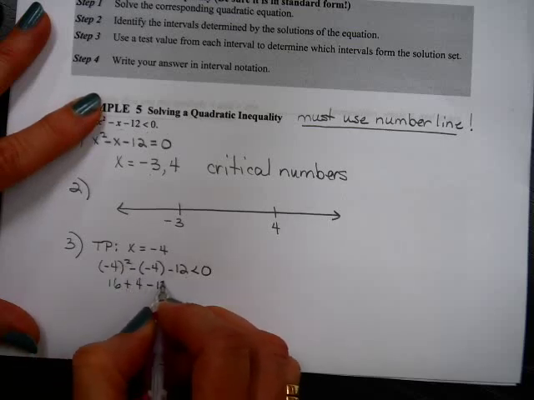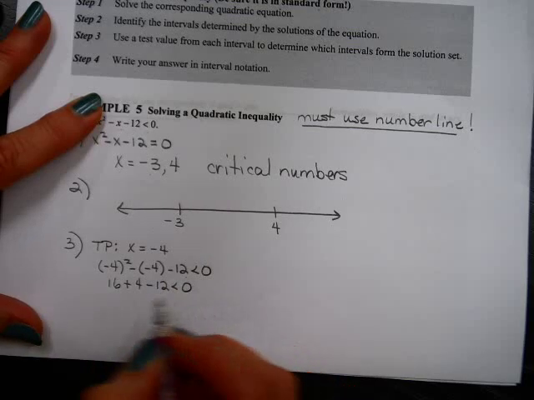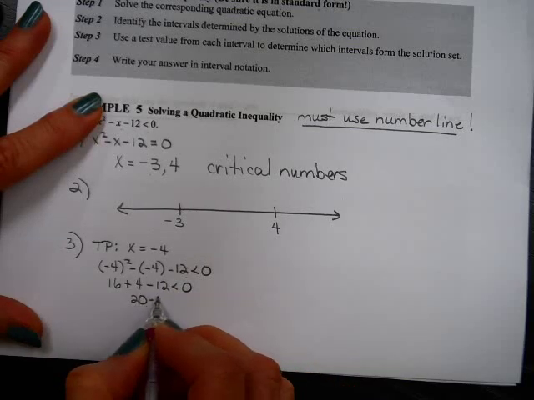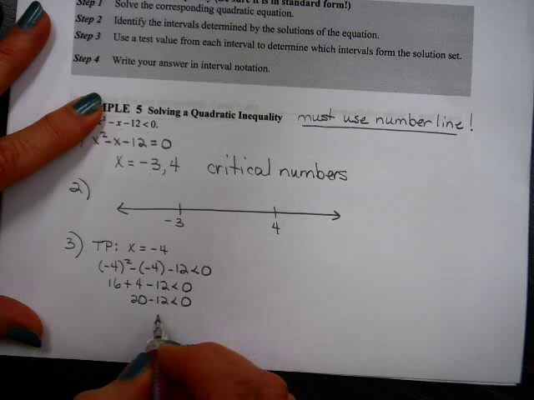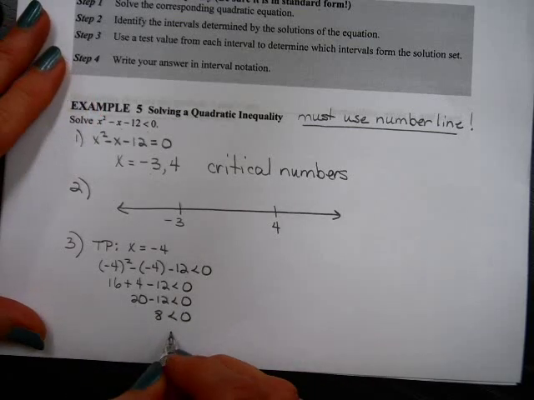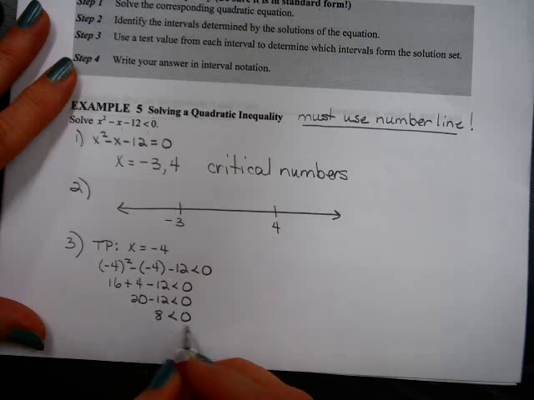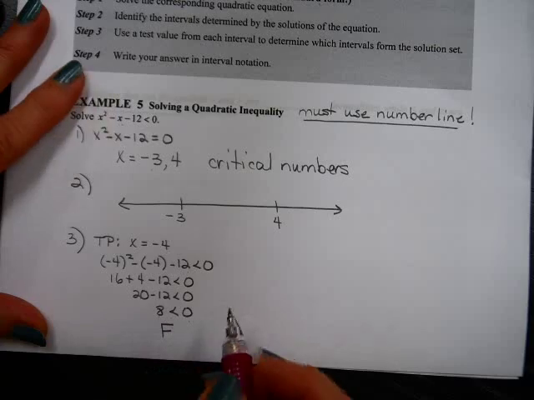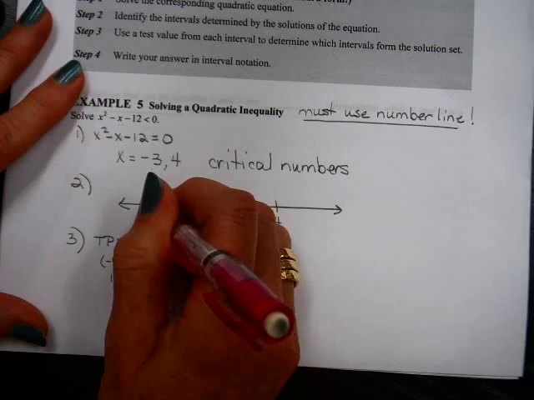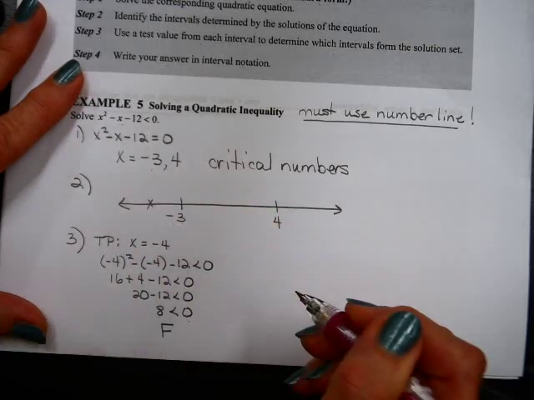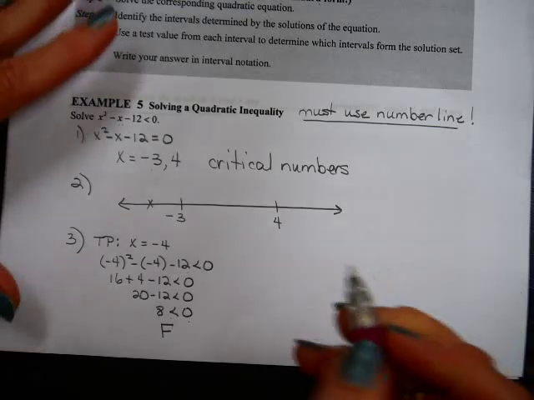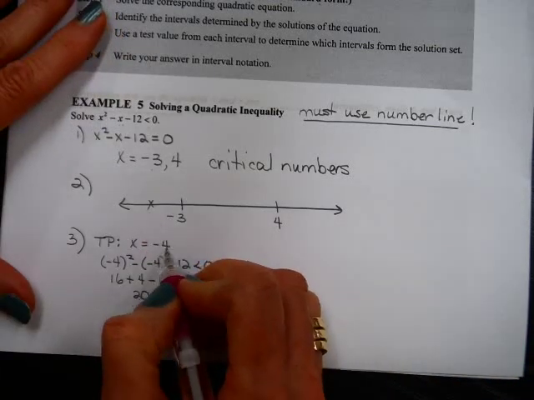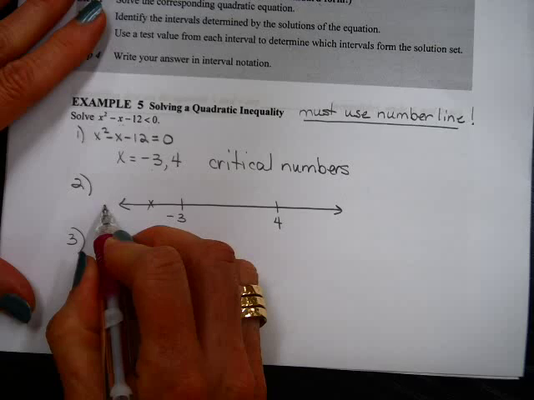Plus 4 minus 12, is that less than 0? Well, that says 20 minus 12 is less than 0. That says 8 is less than 0. Is that true or false? Is 8 less than 0? No, 8 is not. This is false. That means these points that are down here do not work. All right? Since -4 did not work, nothing will work.